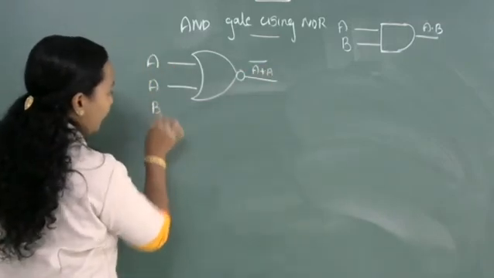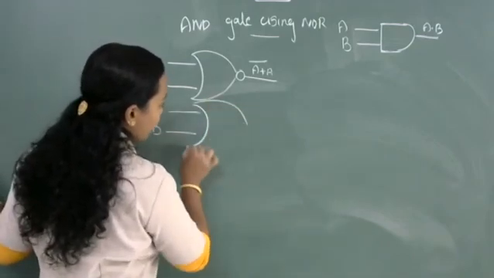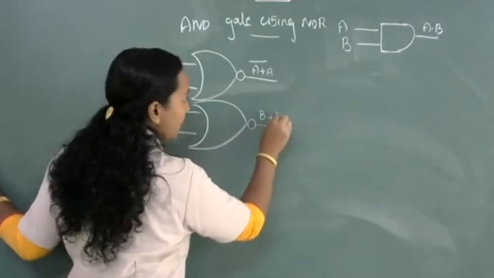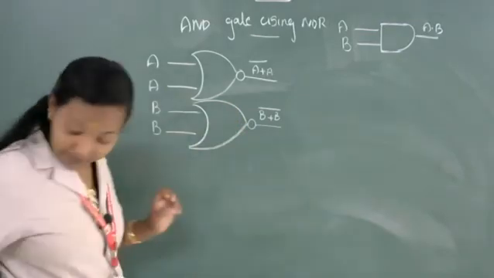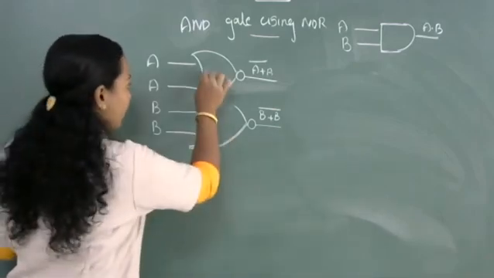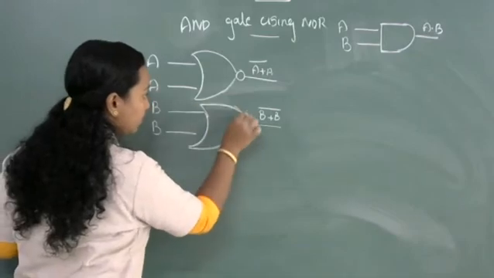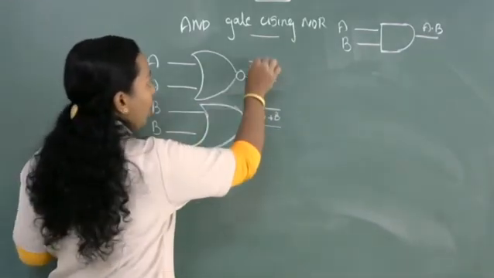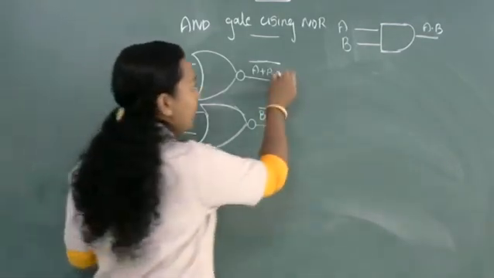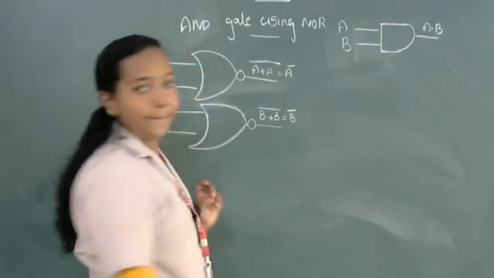Then here B, again we apply the NOR gate, and we get (B + B) all complement. (A + A) all complement is equal to A complement, and (B + B) all complement is equal to B complement.